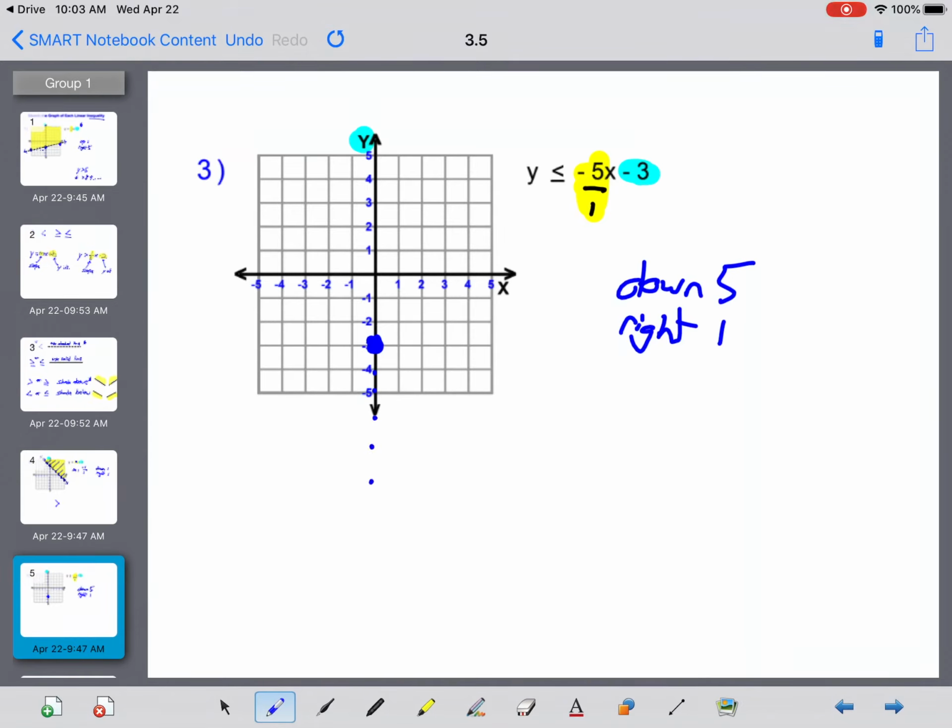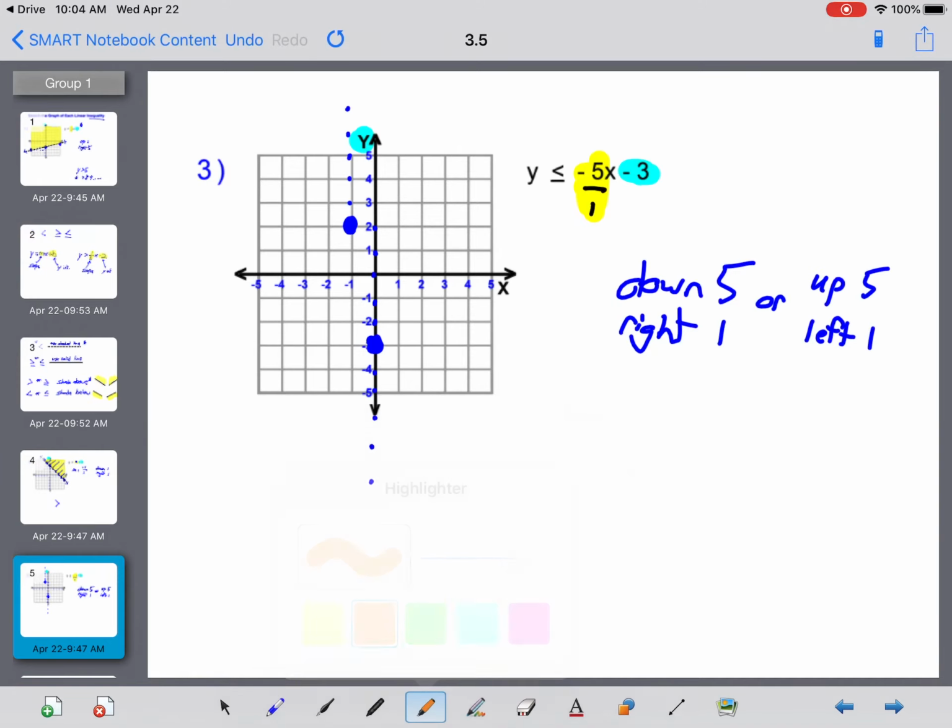But if I start at my negative 3 and go down 5, I'm off the page. So instead of going down and to the right, we need to go up 5 and to the left 1. 1, 2, 3, 4, 5, left 1. 1, 2, 3, 4, 5, off the page. So we only have 2 points.